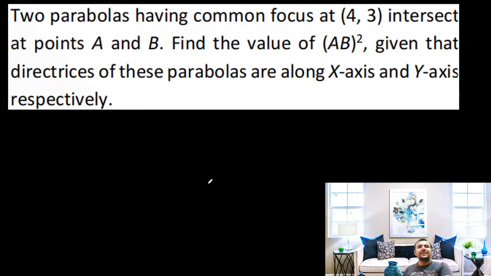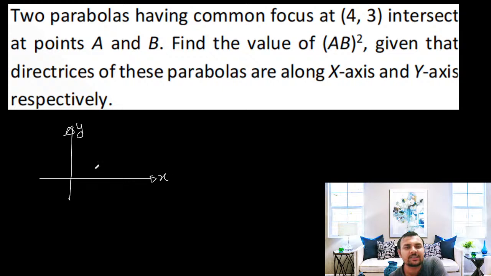Two parabolas have the same focus, common focus at 4, 3, and intersect at A, B. Then find the value of AB square, given that the directrices of the parabolas are along the x-axis and y-axis respectively. This is y, this is x. So focus is 4, 3. One directrix is this, and one directrix is this.